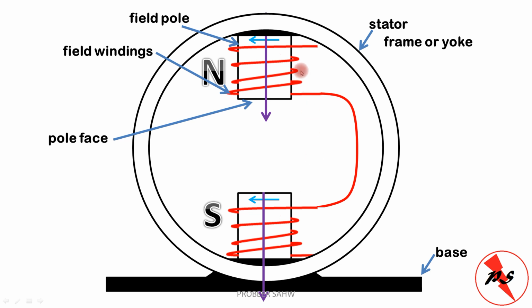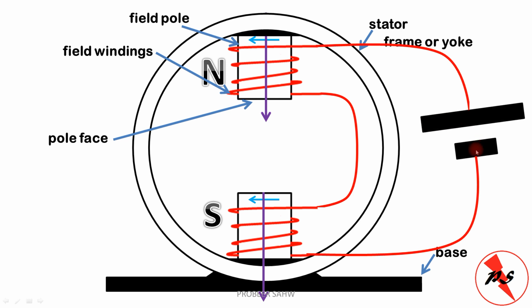Now these windings are not powered by different sources, but by a single source. So what actually happens is we take a wire and wrap it around this field core first, then we go to this field pole, and then these windings are connected to a DC supply, due to which a current flows through this winding and north and south poles are created, due to which the machine can now work as a generator or as a motor.